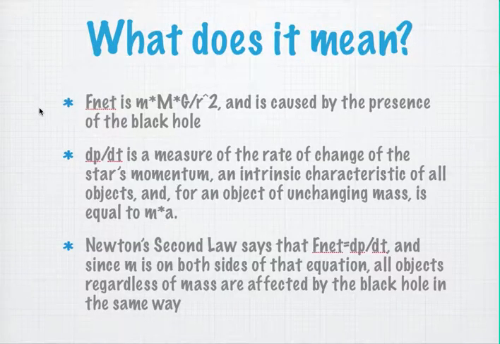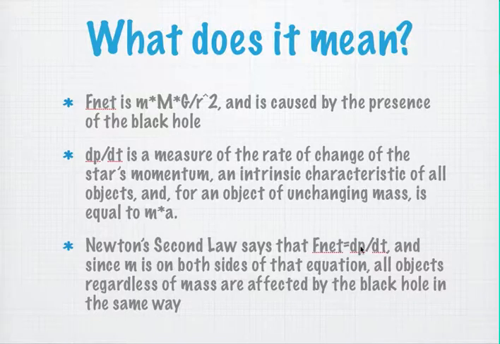So what does this all mean? F-net, which we said before is from gravity, is the mass of the star times the mass of the black hole times the gravitational constant over distance squared. And this force on the star is caused by the presence of the black hole. So that's F-net. dp/dt is a measure of the rate of change of the star's momentum, and momentum is an intrinsic characteristic of all objects, and is equal to ma in this situation.